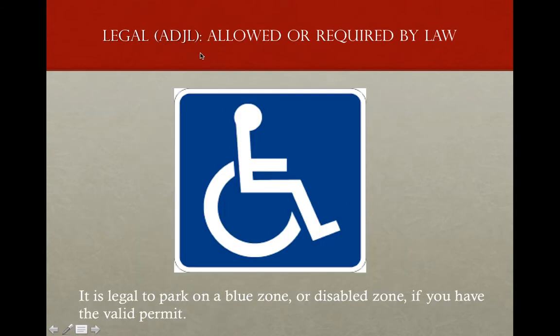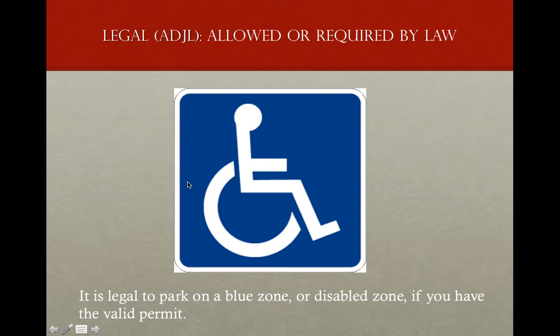Next example: legal is used as an adjective. It's allowed, permitted, or required by law. Let's look at our example. It is legal to park in a blue zone or disabled zone, I have the picture, if you have the valid permit.